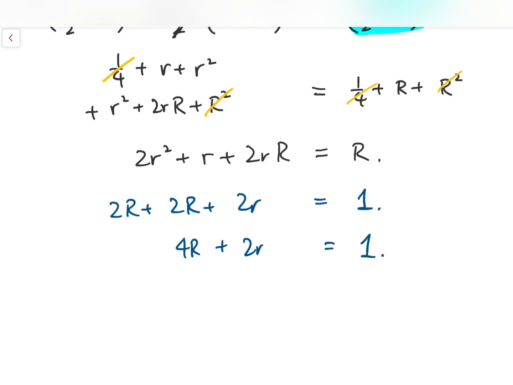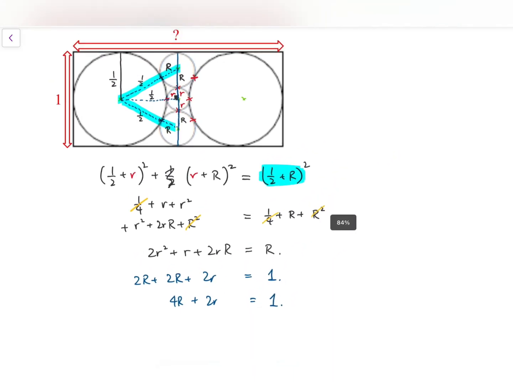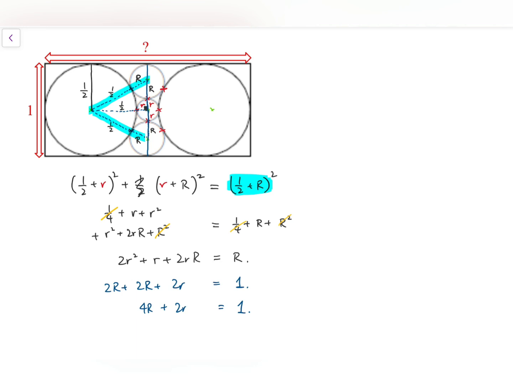So these are two relations between big R and small r, the two unknowns in this problem. On the other hand, we can look at the big picture and try to relate our goal, the length of the longer side of the rectangle, with the unknowns we have used at the beginning. In fact, we can make use of this orange line. This is exactly the same as the length of the longer side of the rectangle.